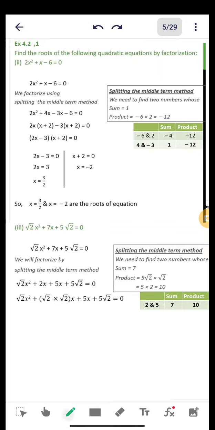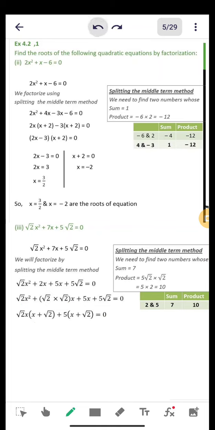So what's common here now? Common here is root 2x. Taking root 2x common from the first two terms, what remains in the bracket is x plus root 2.